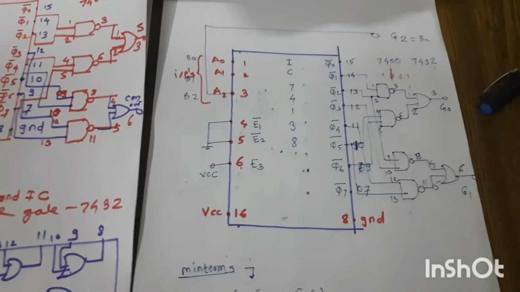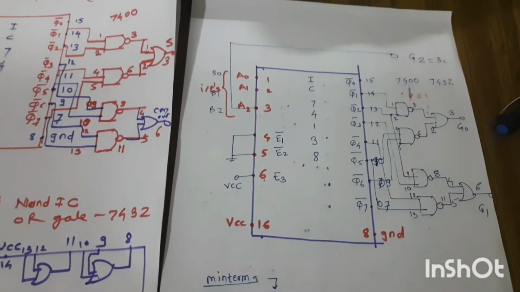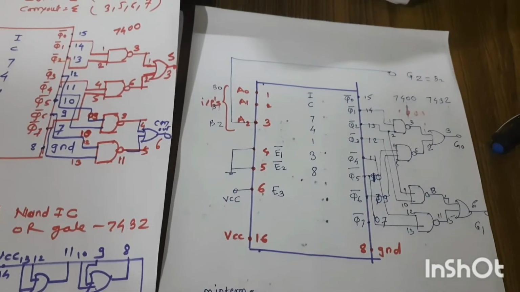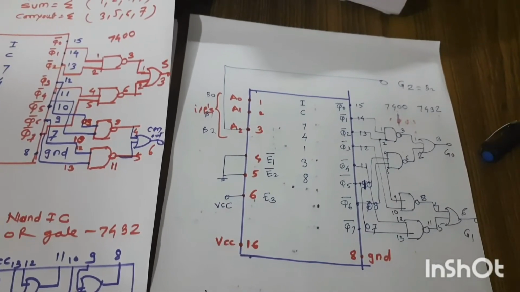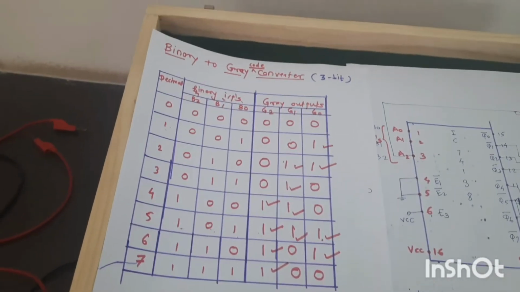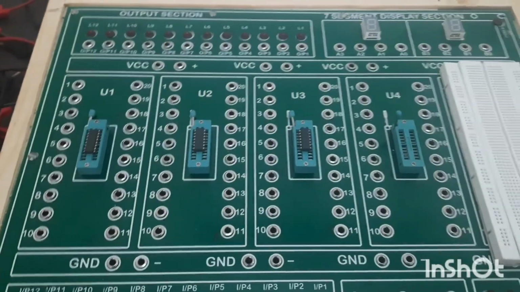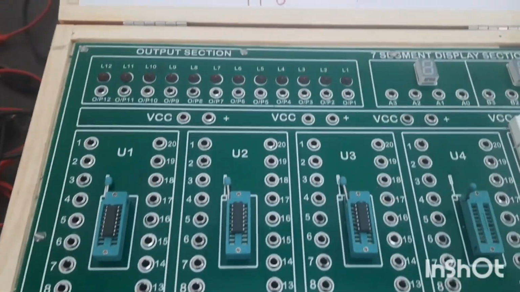So now we'll see how we can implement this using the IC digital trainer kit using the IC 74138, 7400 and 7432. Now we will see how to do the connections of the binary to gray code converter for 3-bit, that means 3-bit binary to gray code converter. How we can implement this on this IC using this digital IC trainer kit. So we have used, you can see the pin configuration here.